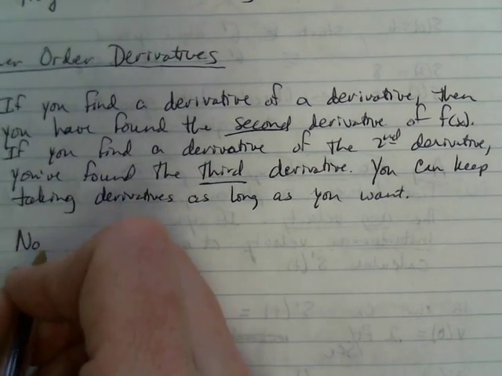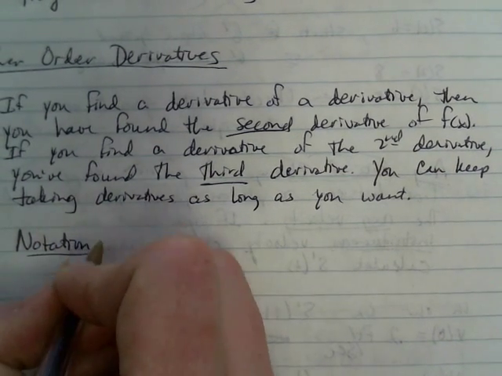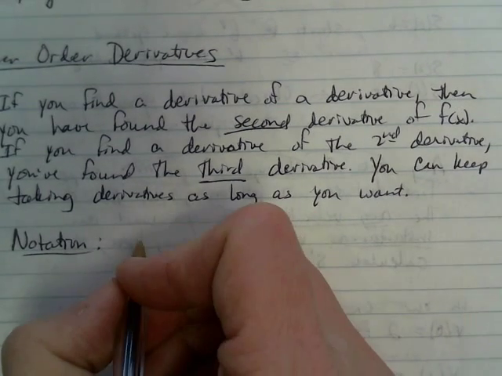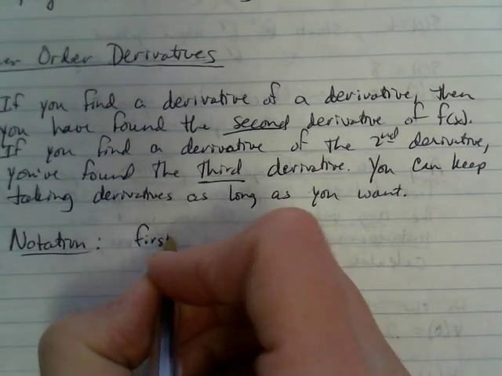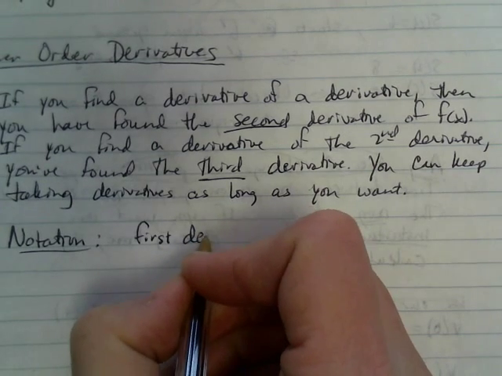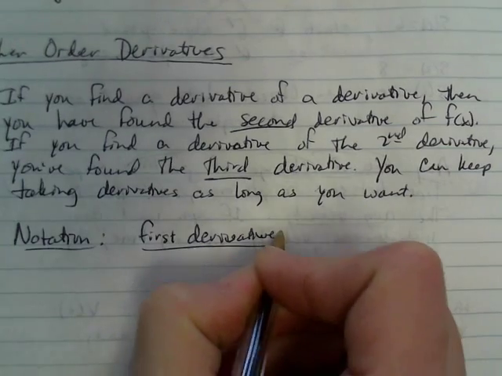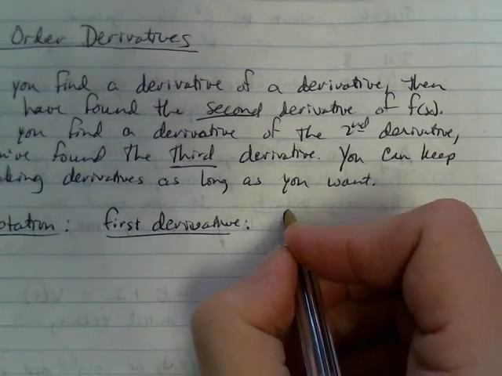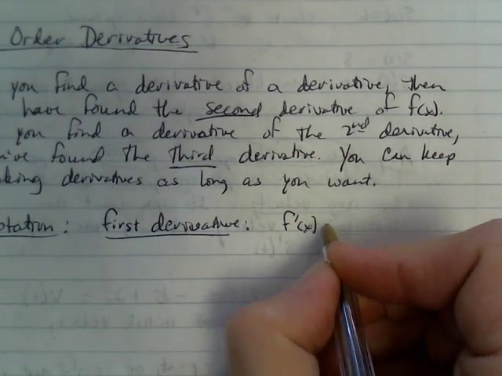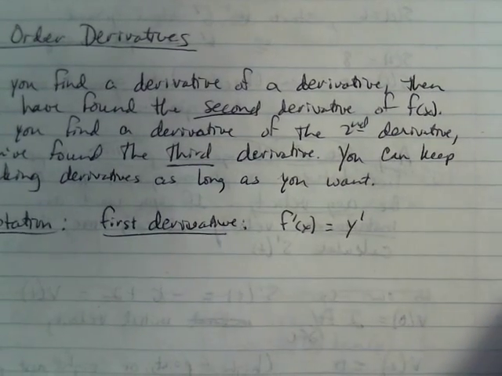Let me talk about the notation. First of all, the first derivative is what we've been finding for several days. We have called that f prime of x. We have called that y prime.